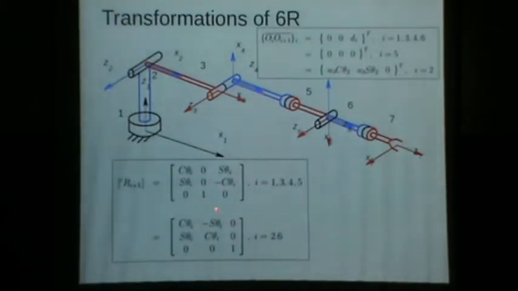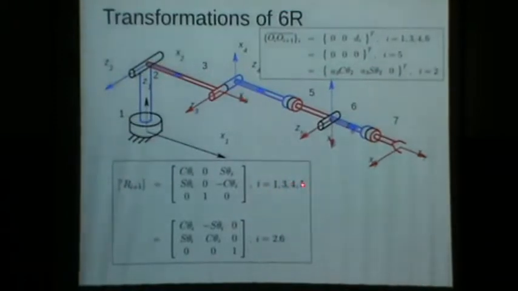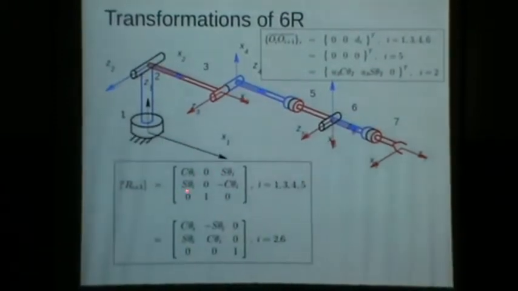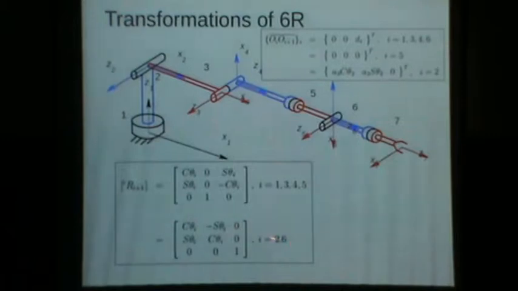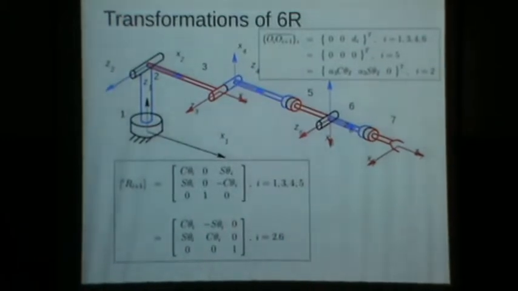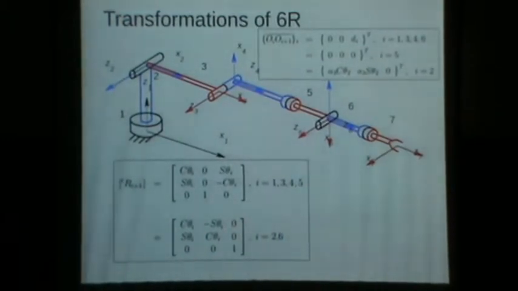Similarly, the rotation matrix takes a very simple standard form because we have the value of alpha i plus 1 as 0 or 90. Within 1, 3, 4, and 5, it is similar to this, and for 2 and 6, it is this. You can actually check it out for that particular manipulator.